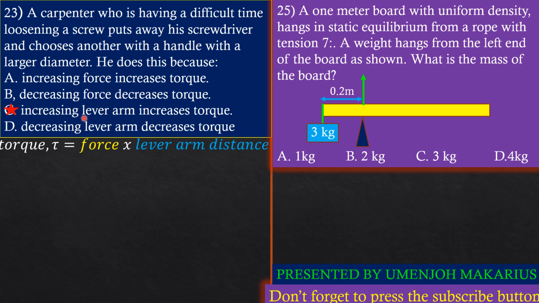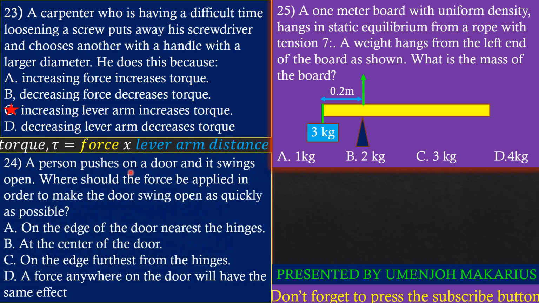Question 24, friends, is saying that a person pushes on a door and it swings open. Where should the force be applied in order to make the door swing open as quickly as possible? So friends, this question is simply from the concept known as the turning effect of a force.